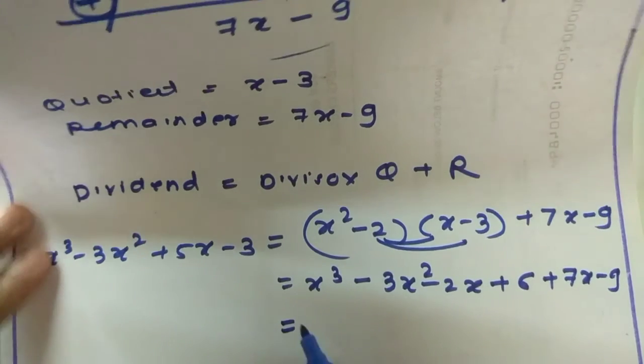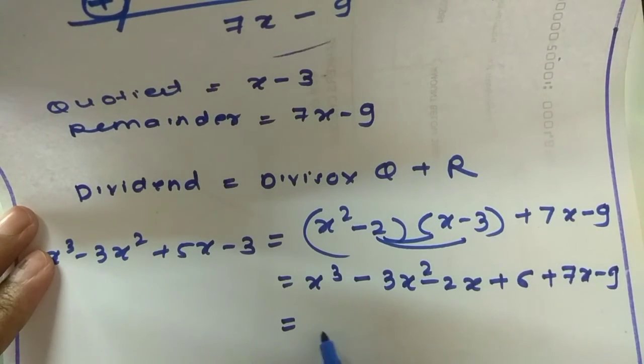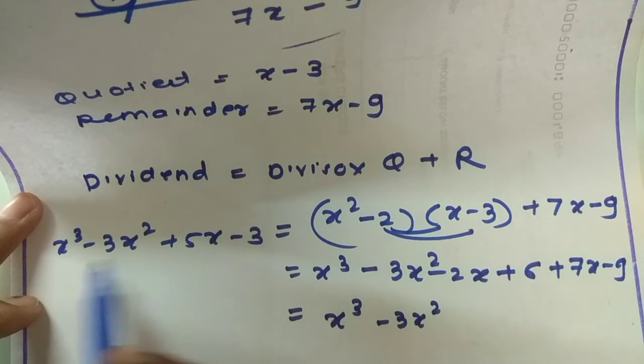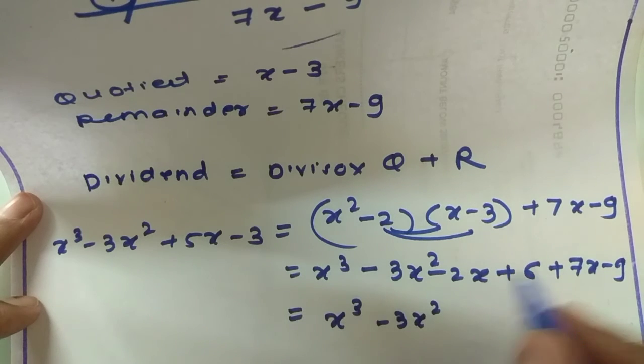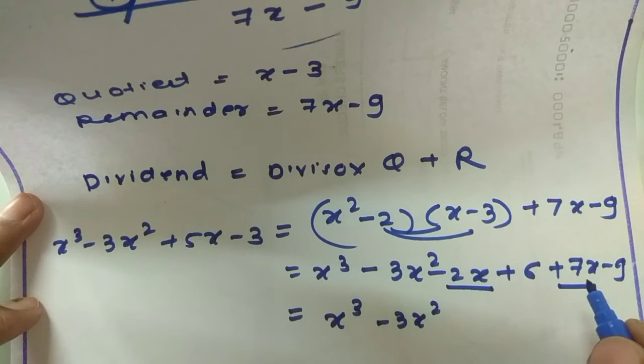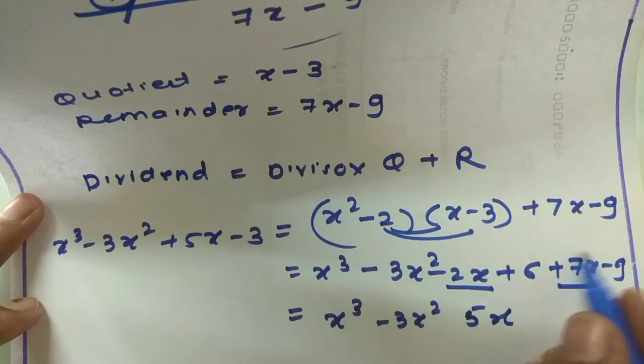Now like terms we can operate here. X cube, no other x cube, so keep as it is. X square, no other x square, so minus 3x square as it is. You can check, we are getting the terms in the dividend. Now here x and here x are like terms, so we can add or subtract depending on their signs. Plus and minus means we have to subtract: 7 minus 2 is 5, so 5x, with the sign of the greater term.